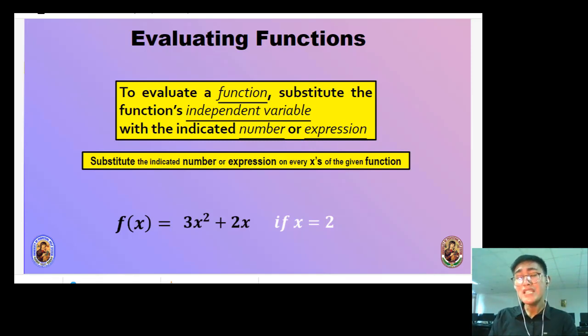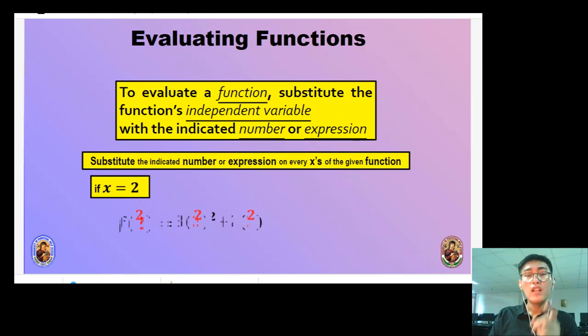Again, to evaluate this, you just substitute the value or the expression for every x in the given function. As given here, we have 3 values of x to be substituted. First, in the f of x, you change that into 2. Second, in 3x squared, you change x into 2 again.